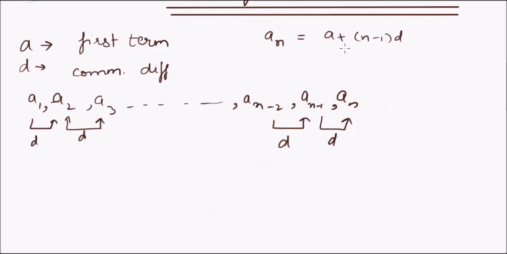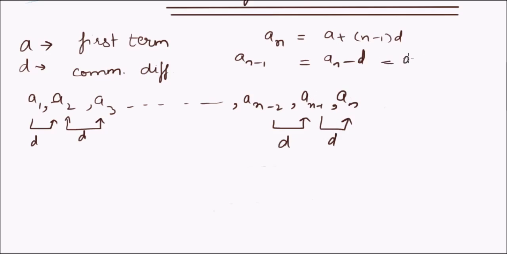Thus, if AN is this, then AN minus 1 will be AN minus D, because while moving backward we have to subtract this number to get the preceding number.